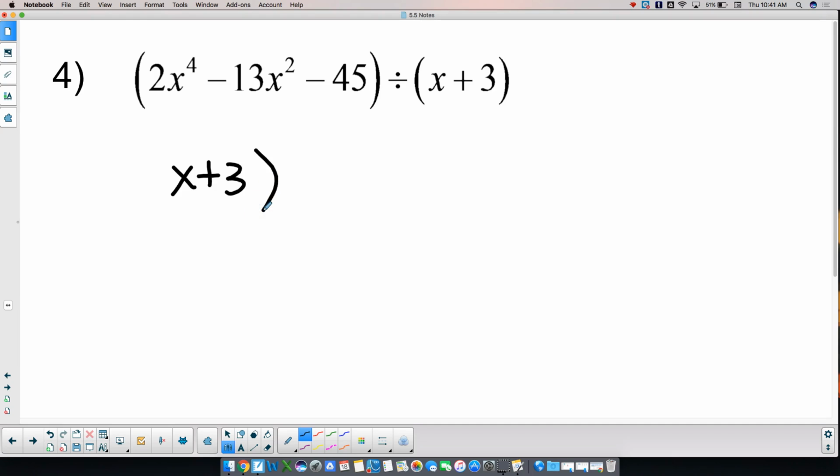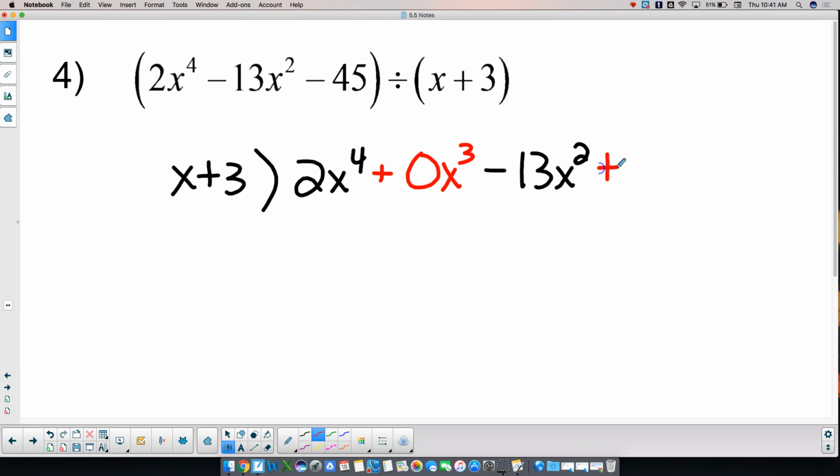Inside: 2x to the 4th plus 0x to the 3rd minus 13x squared plus 0x minus 45. Two placeholders in. Whoa. That was kind of funky.